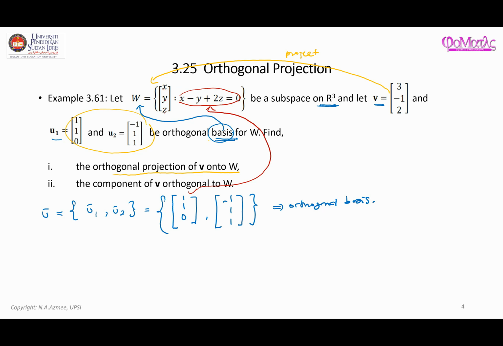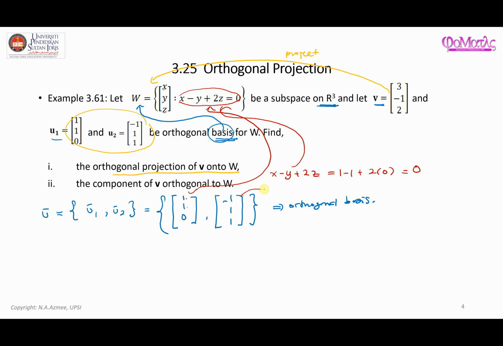So if you have x minus y plus 2z, this is equal to 1 minus 1 plus 2 times 0, which is equal to 0. So it has to fulfill the condition defined here.